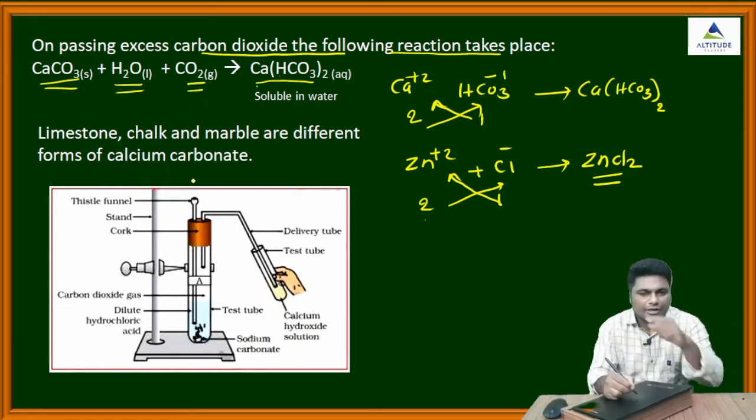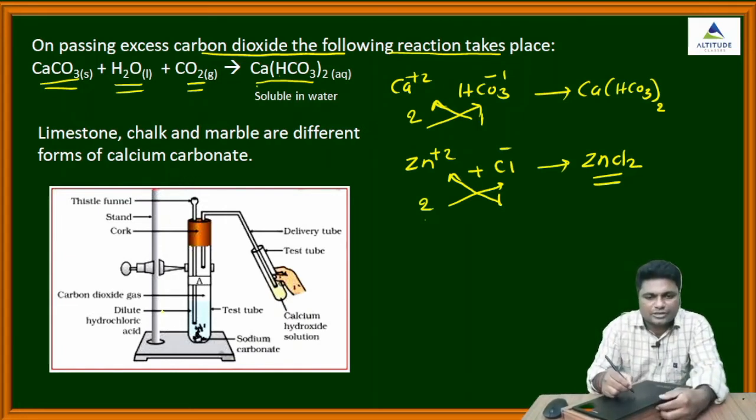So here we can check the carbon dioxide produced in the reaction. This is one activity in the NCERT book. Take solid sodium carbonate and add dilute hydrochloric acid. This sodium carbonate reacts with the acid and you will get bubbles of carbon dioxide.